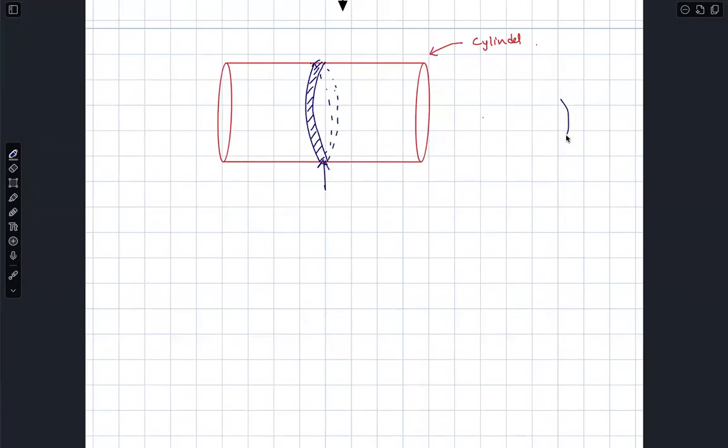Now, same concept again, tension. So pressure is there.